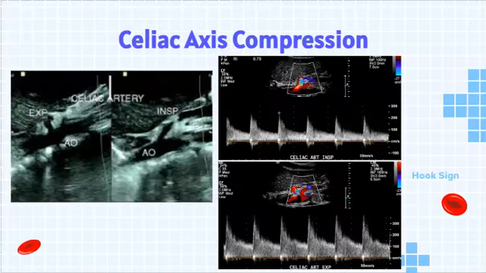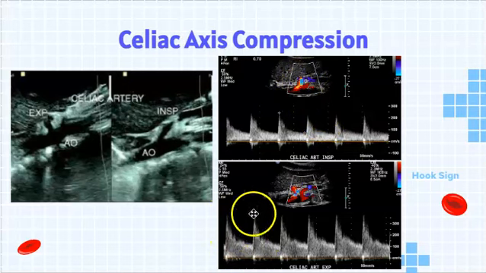So here we have some images. On expiration, that median arcuate ligament is going to compress that ventral aspect of the celiac axis, and we're going to have that S, or fishhook shaped vessel. So here is our expiration image. We can see the celiac axis is a little bit curved compared to here where it's a little straighter.